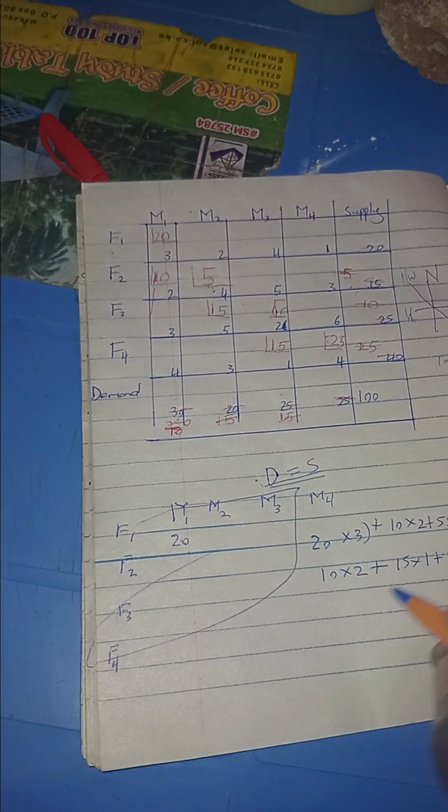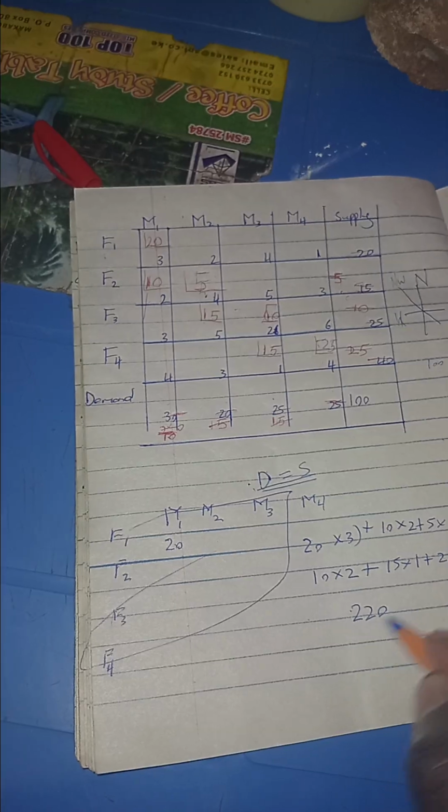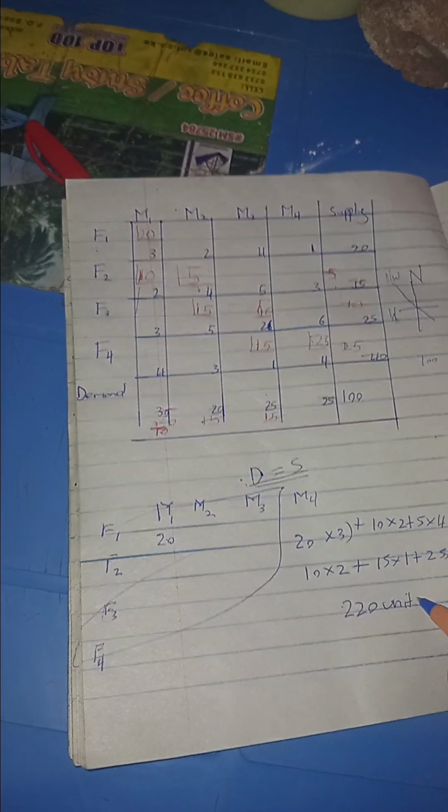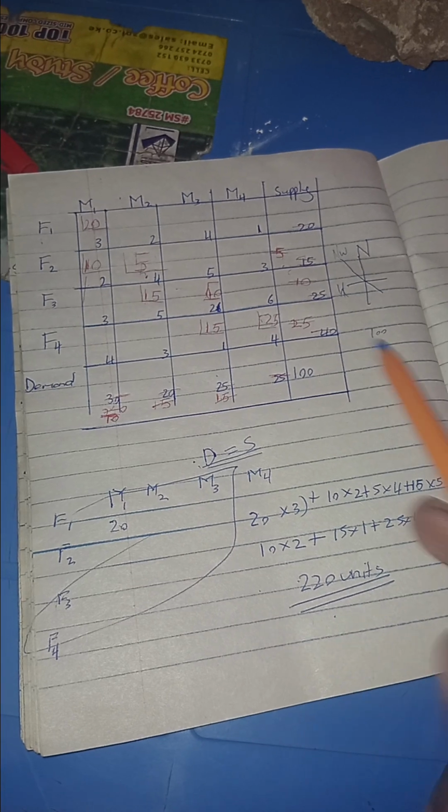Yes, the total, you'll find that it is 220 units. So this is the total transportation cost of our model.